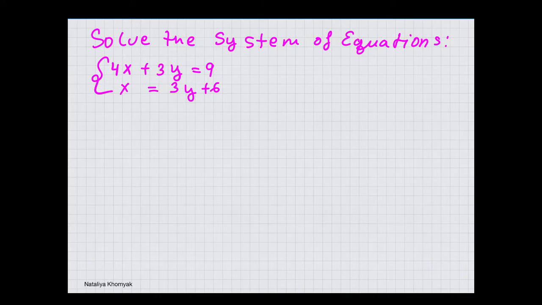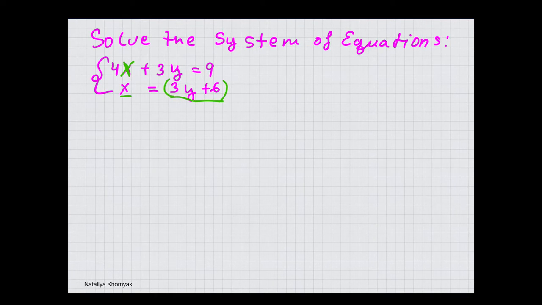So let's solve the system of equations. 4x plus 3y equals 9. Now here we already have x being solved for, and we have 3y plus 6 given to us, so we don't need to solve for a variable. Instead of x in the first equation, I'm going to plug in this expression.